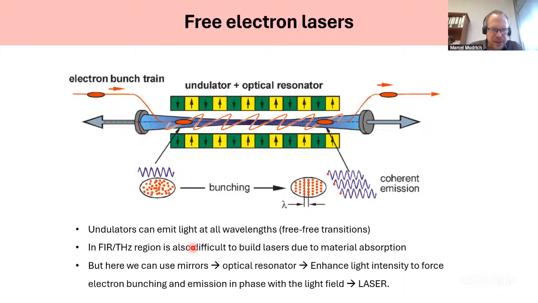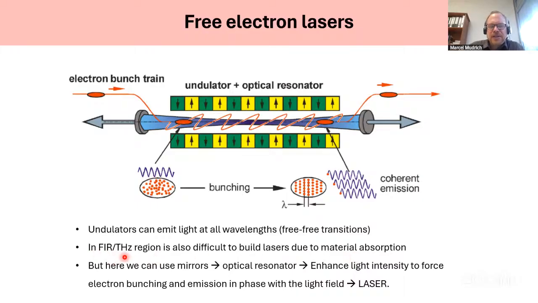Yeah, undulators can emit light at any wavelength in principle. So in particular, also in the far infrared or the terahertz region. And this is a particularly interesting region of the electromagnetic spectrum, because here we don't have other radiation sources like standard lasers, due to absorption of this radiation by any material, including air.